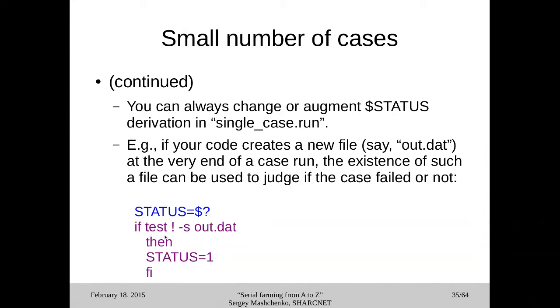It tests whether, after your code execution, there is no non-zero size file out.dat, and then it will set status equal 1. So even though the exit status can be 0 from the bash shell perspective, you added some intelligence to tell it that if no such file exists at this point, the status should actually be 1. 1 means failed. This is important to add if you know this extra information about code execution, so you can easily figure out which jobs failed and which didn't.